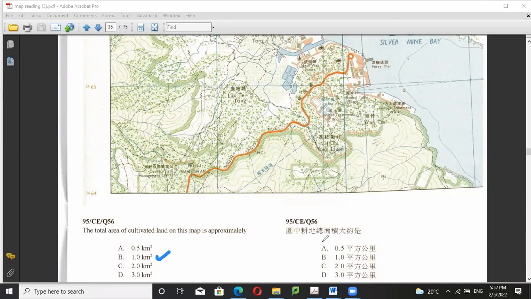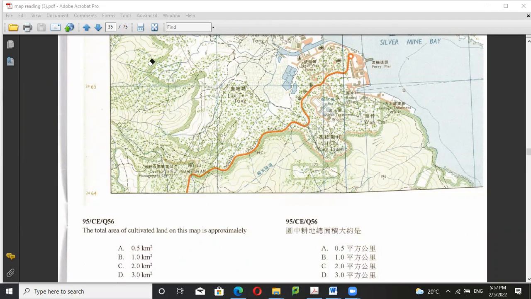If you are really making sure what the area of one particular square kilometer is, you can find out the area of a particular land use easily. Once you know how much one grid is, this is 1 to 20,000. And definitely we still have a 1 to 5,000 map.